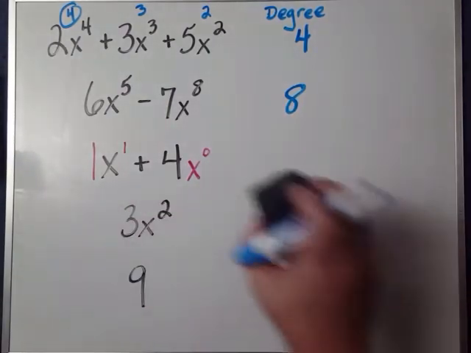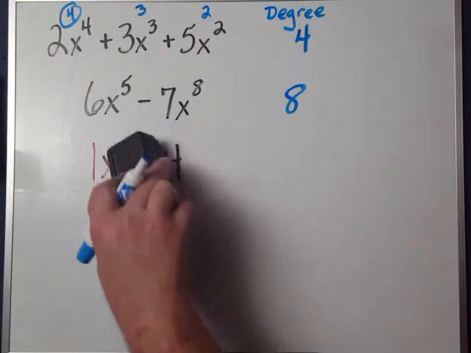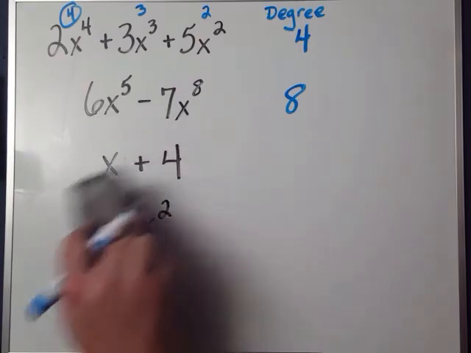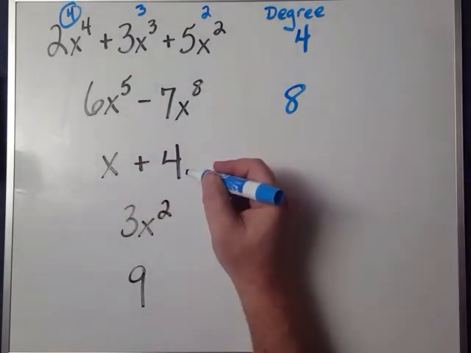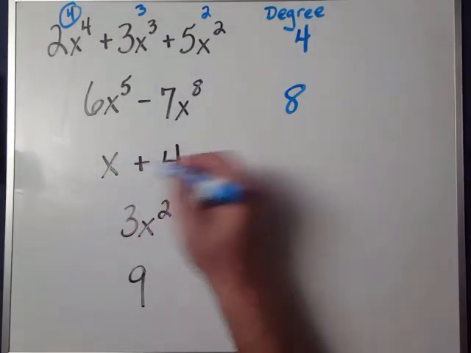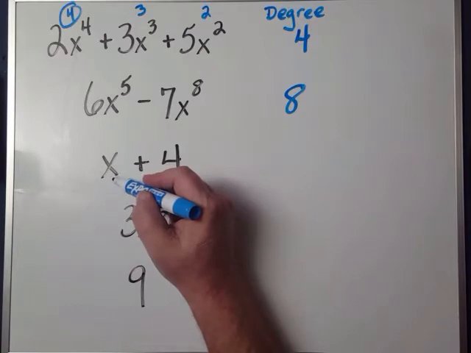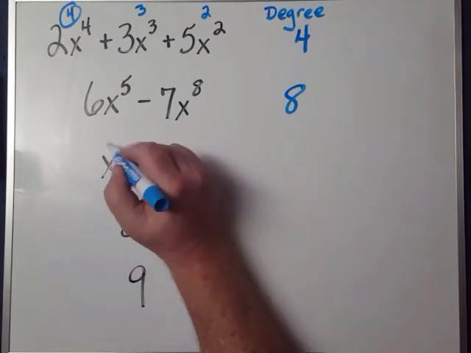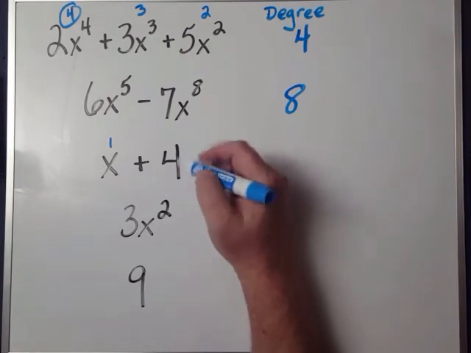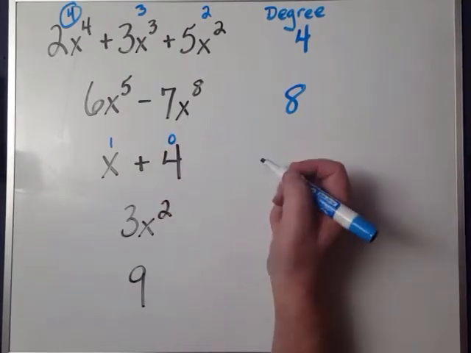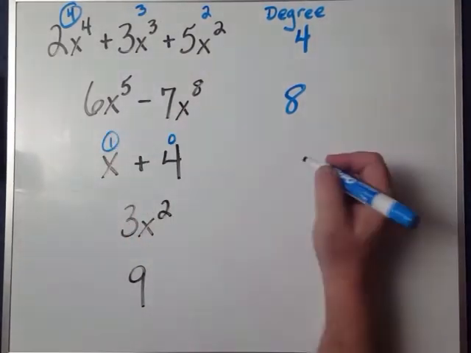Let me return this to its original state, because I want to get used to looking at it without grabbing the pink marker. What is the degree of this polynomial? Well, the degree of this first term, that's x to the first, so the degree of this first term is 1. Any numeric term, we figured out, has degree 0. What's the biggest?